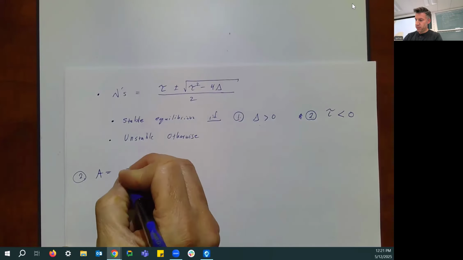Then we look at the trace. The trace of our matrix is 1 plus -6, which is -5. So in this case, we are in that upper left corner where our determinant is positive and our trace is negative. So we have stability, or a stable equilibrium.